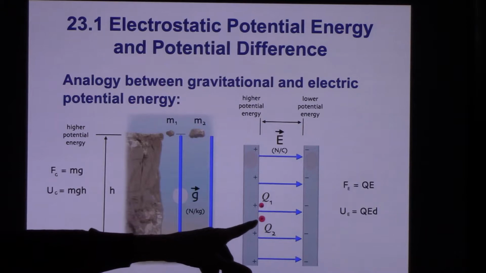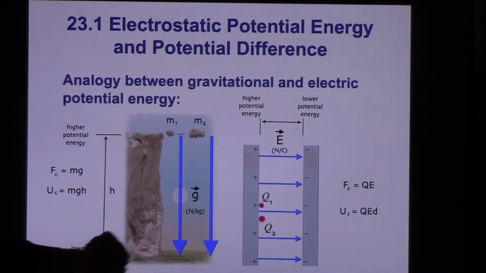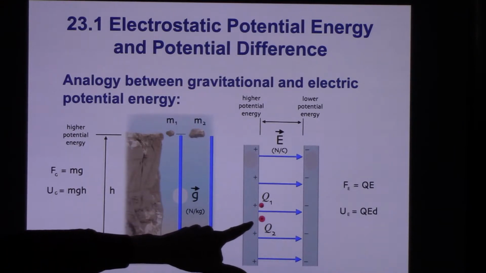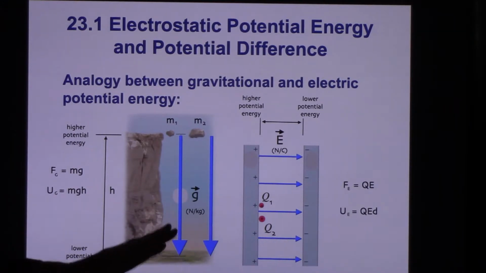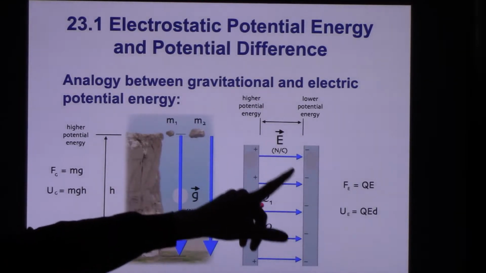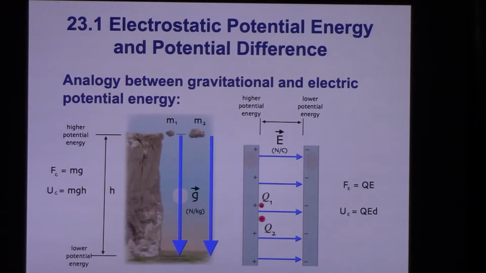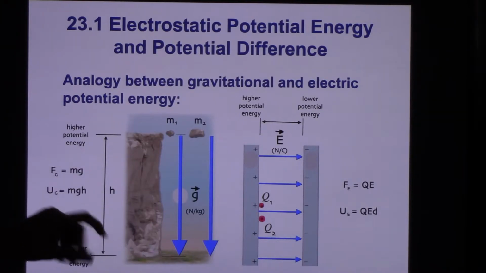So we've done the same thing here. We've introduced some positive charges. These are not negative charges, but we've said that they'll have a certain potential energy. I can calculate the amount of potential energy by taking the force, QE, and multiplying by the distance. Now, just through convention, when we're working with gravitational forces, those were typically vertical.